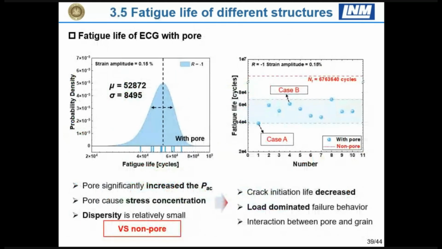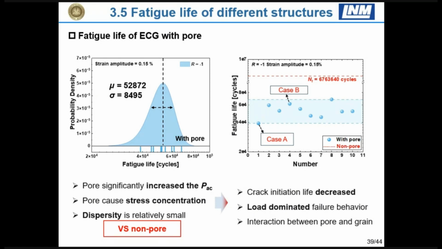And of course, if there is a pore or lack of fusion, the scatter band, the standard deviation of the fatigue lifetime, will be very small. In this case, we also observed that the scatter becomes very small, because the accumulated strain is localized and makes the crack initiation easy to predict. And also we compare the fatigue lifetime with a pore or without a pore.